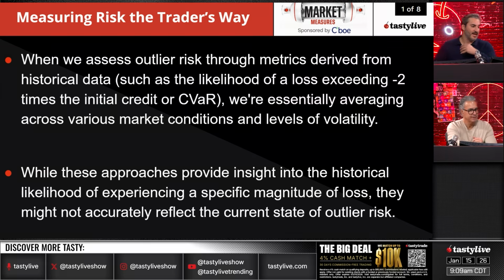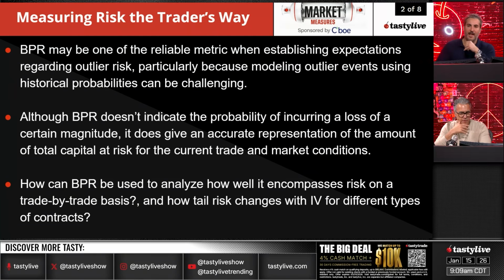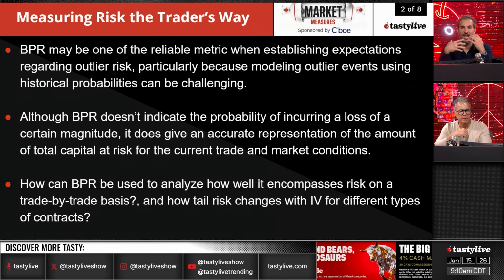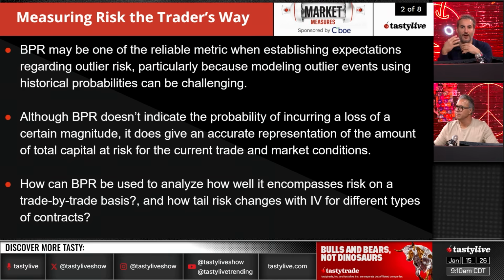Looking at the next slide, buying power is really how we look at this risk. Buying power may be one of the more reliable metrics when establishing expectations for your outlier risk. This is how the broker and the financial system gauge risk, by buying power. Those things can change, and we're going to talk about that as well.